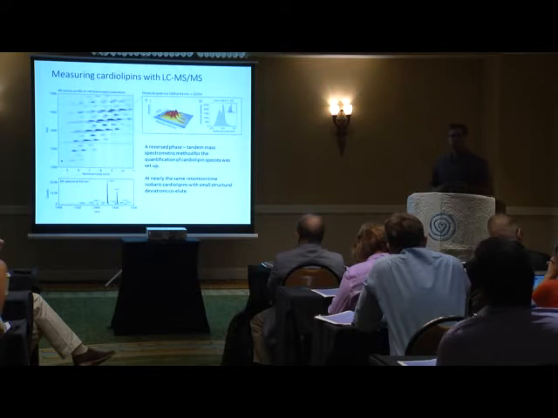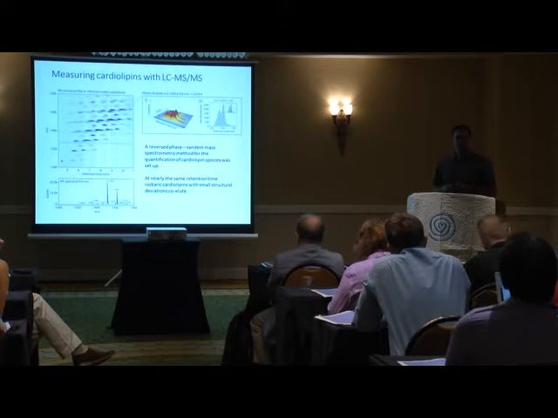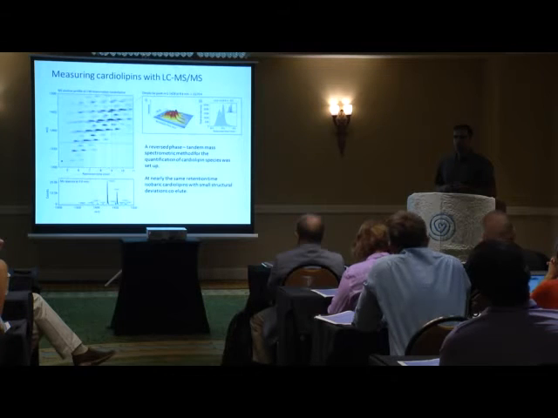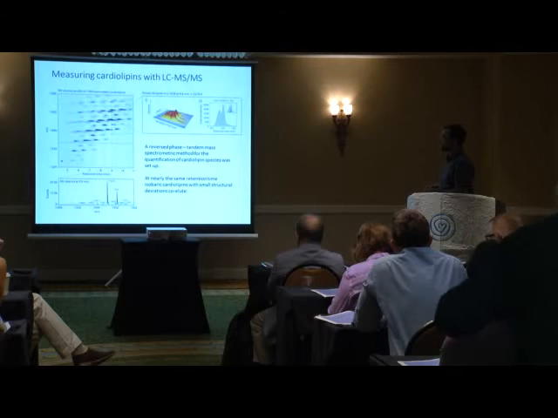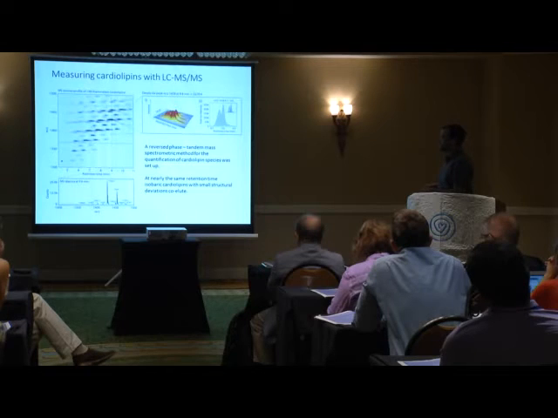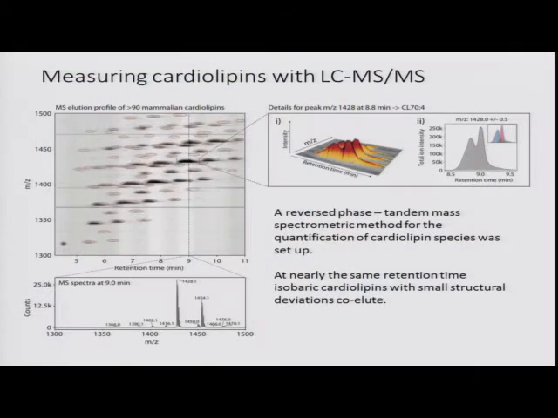So what I went for is a very classical liquid chromatography mass spectrometric method in which I establish a gradient in which I elute the different cardiolipins in a time-dependent manner from the column. You see here the mass-to-charge ratio.